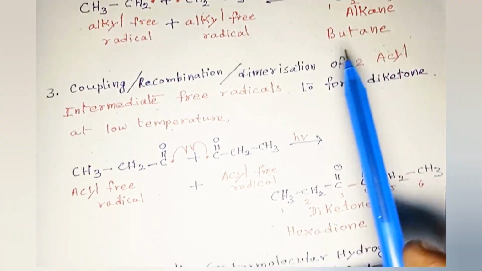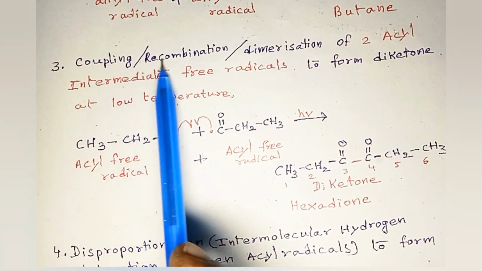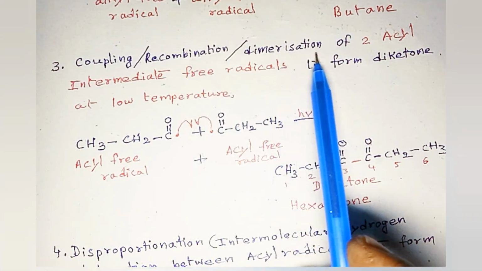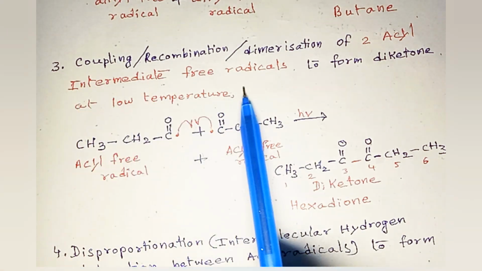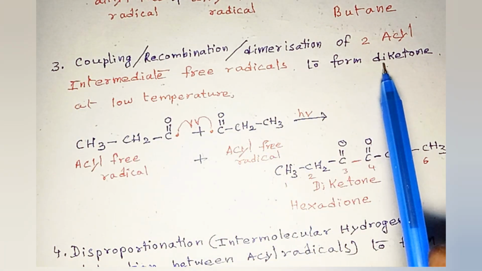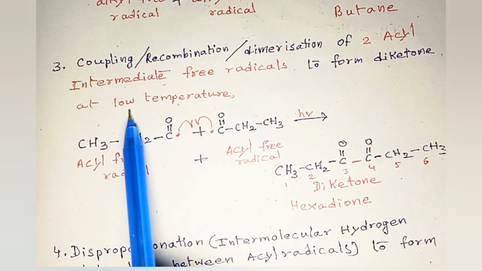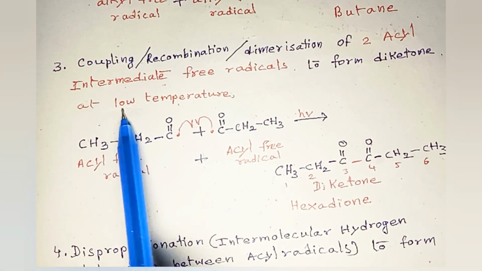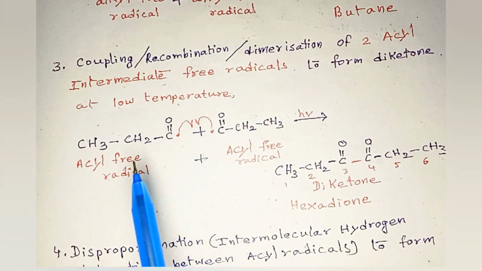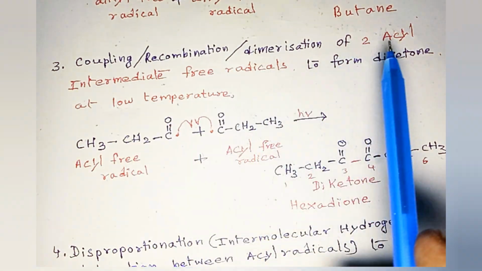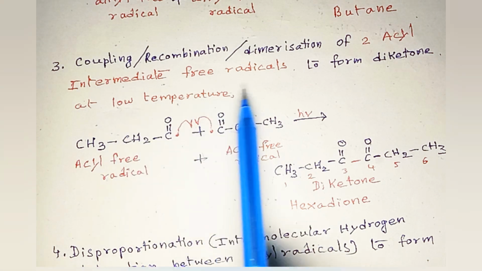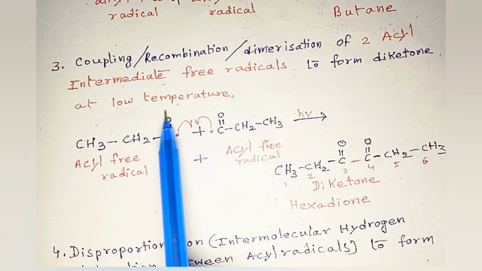Okay. Now, coupling or recombination or dimerization of two acyl radicals will occur to form a diketone at low temperature. Remember, decarbonylation takes place at high temperature and diketone formation takes place at low temperature.